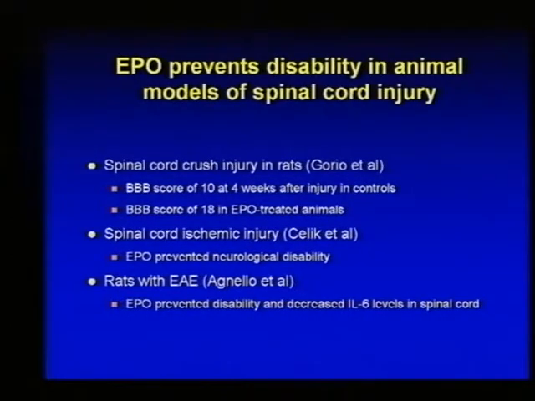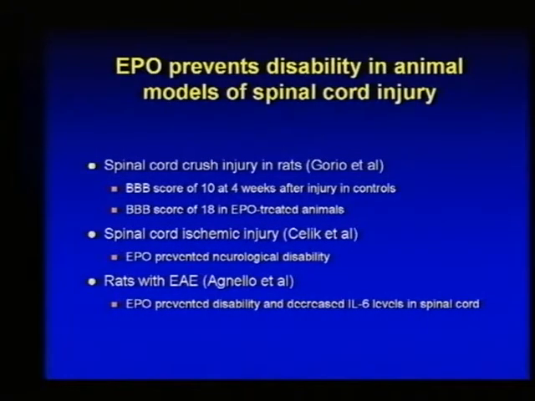And so in the first model, this was a crush injury to the spinal cord, and 1 shot of EPO was given within a few hours after the crush injury. In the animals at 4 weeks not given EPO, they were essentially paralyzed and non-ambulatory. This clinical score is called a BBB score. It's a kind of clinical rating score in rats.